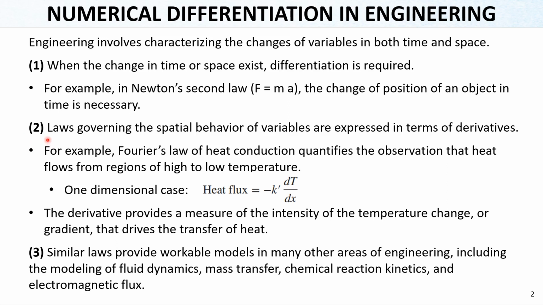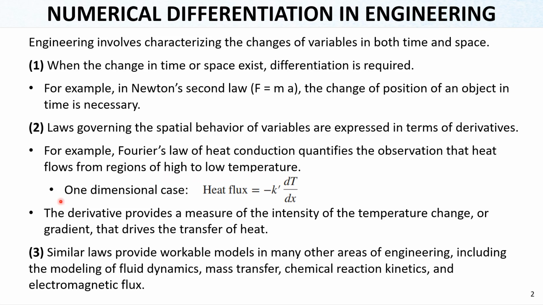Second, laws governing the spatial behavior of variables are expressed in terms of derivatives as well. For example, in heat conduction, there is Fourier's law, and Fourier's law of heat conduction quantifies the observation that heat flows from regions of high to low temperatures.